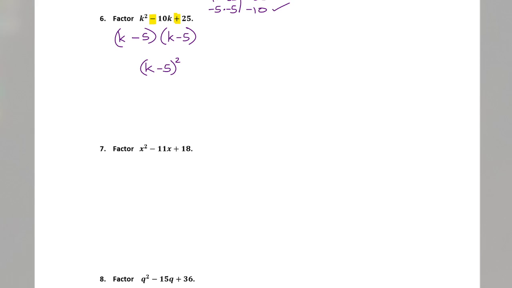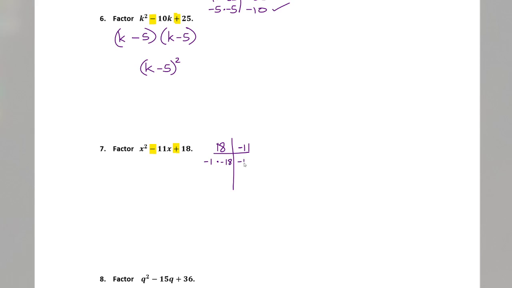So then for our seventh one, notice we have a negative second term and a positive third term. So that means then we're dealing with double negatives for our factors. So we need to find factors of 18 that when added together, you get negative 11. So factors of 18 that are negative, we have negative 1 times negative 18.